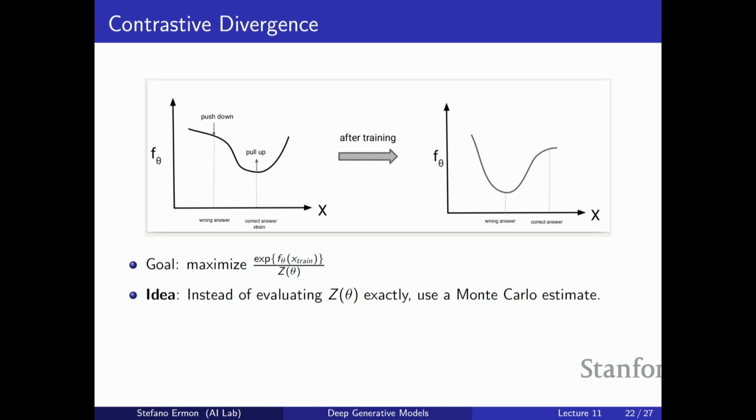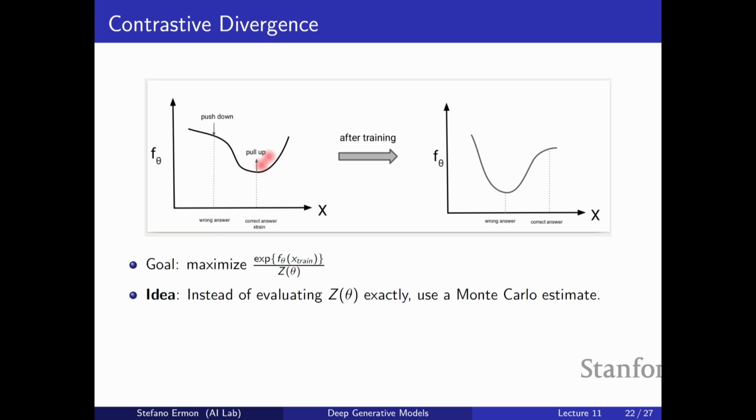Instead of evaluating the partition function exactly, we're going to use some kind of Monte Carlo estimate. So instead of evaluating the actual total normalized probability of everything else, we're just going to sample a few other things, and compare the training point we care about to these other samples from the model, these other wrong answers, these other negative samples.